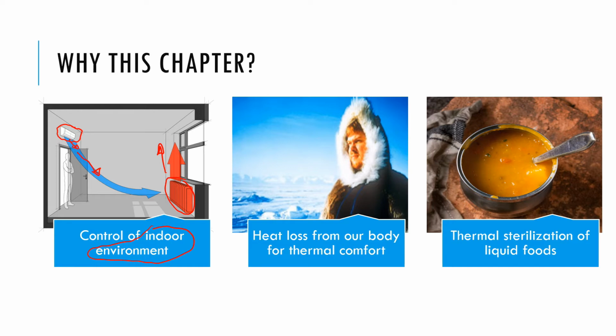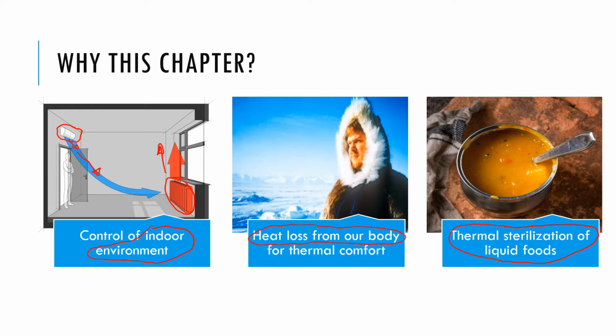Now, we already talked about heat loss from our body that determines our thermal comfort. There are many industrial applications in the biological area of heating or cooling of liquids. One of the most important ones is thermal sterilization or pasteurization to destroy bacteria in foods.